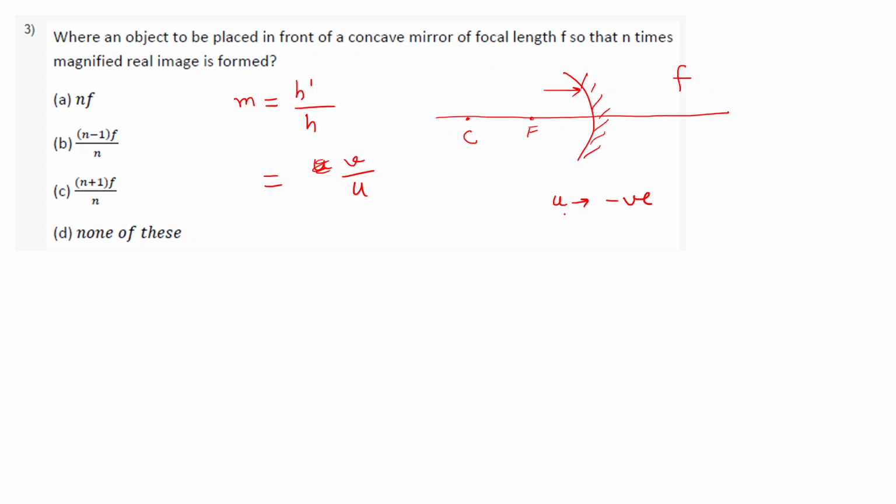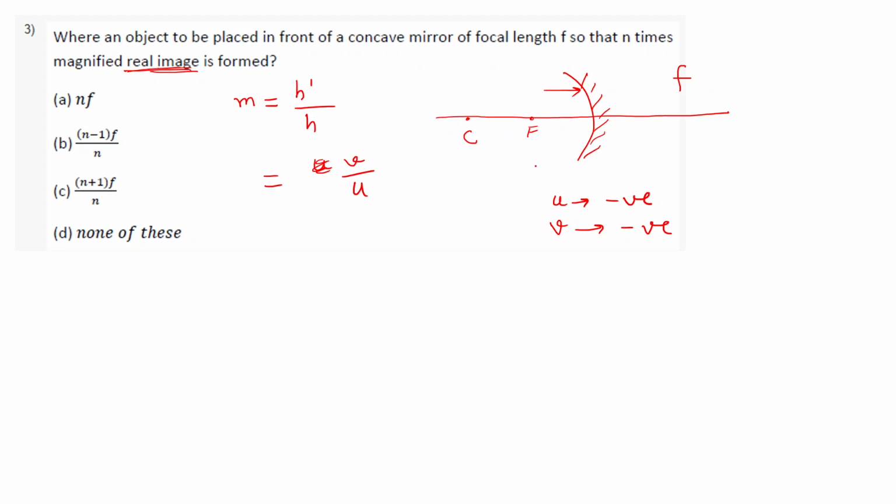Image distance: we need a real image. All real images are formed on the same side. Only a virtual image, if you remember, was forming on the other side. Here we need a real image, that means the image will be formed on the left side. That means even that will be negative as per our sign convention.